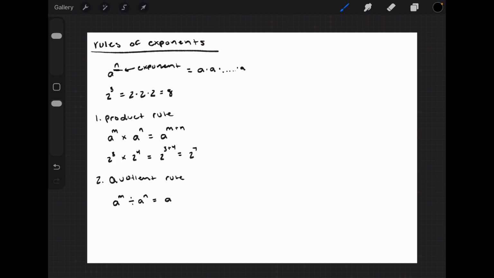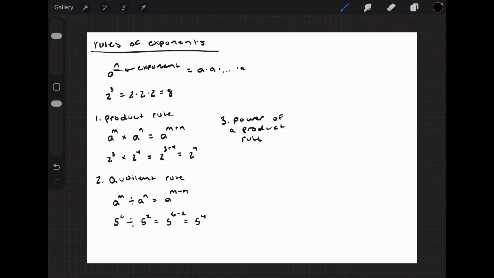You would do a, then m minus n. So for real numbers, this could be 5 to the 6 divided by 5 squared, which would make us do 5 to the 6 minus 2, giving us our final answer of 5 to the fourth power.